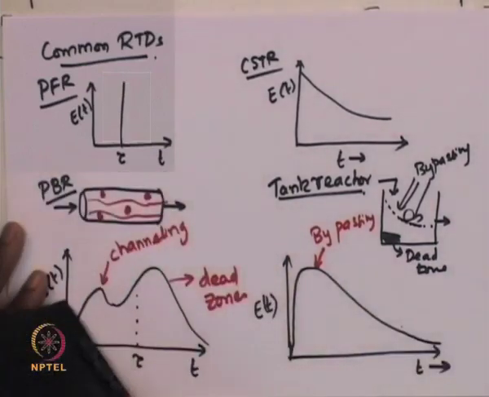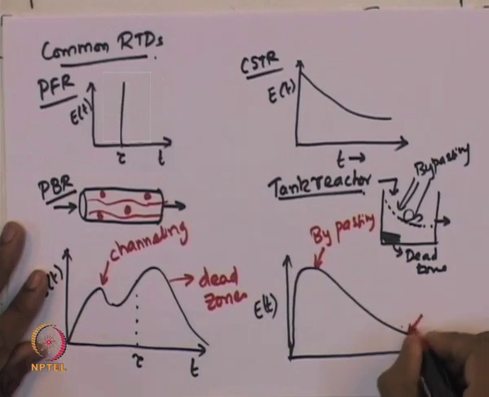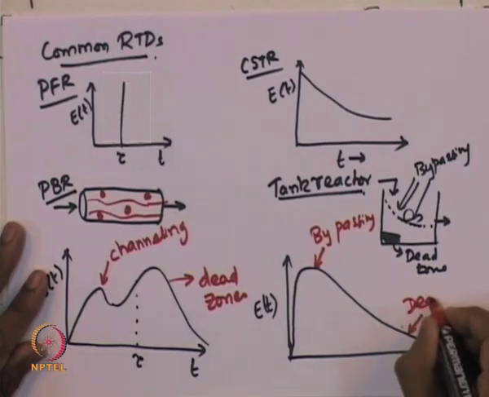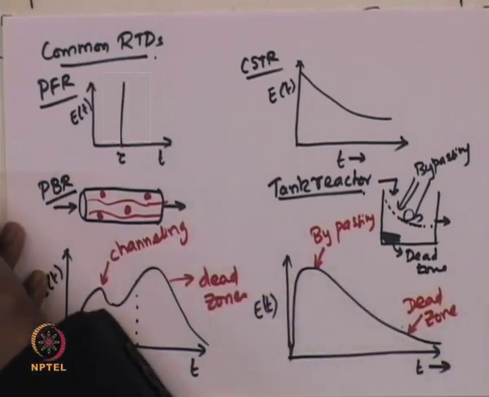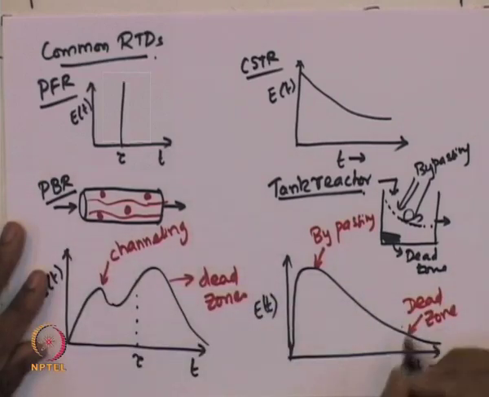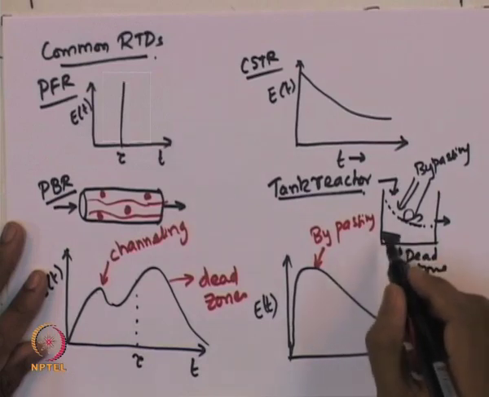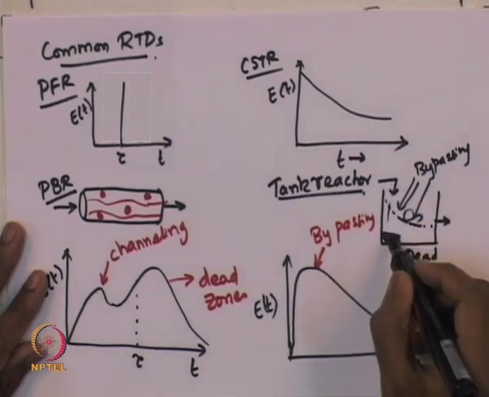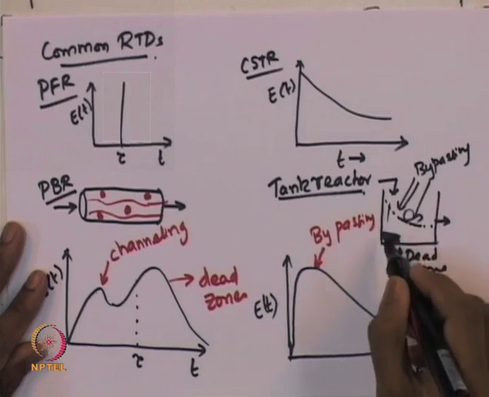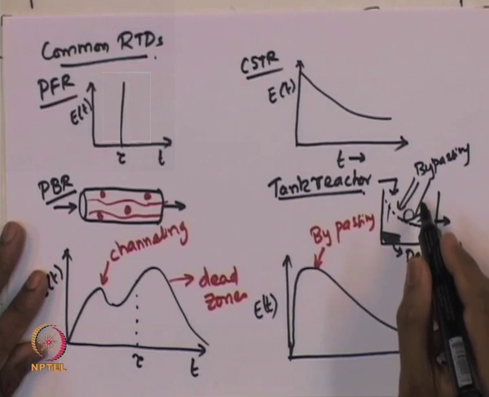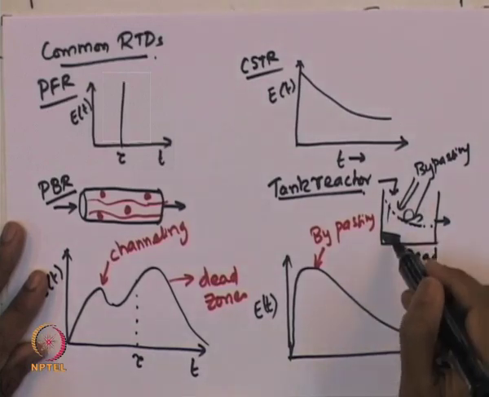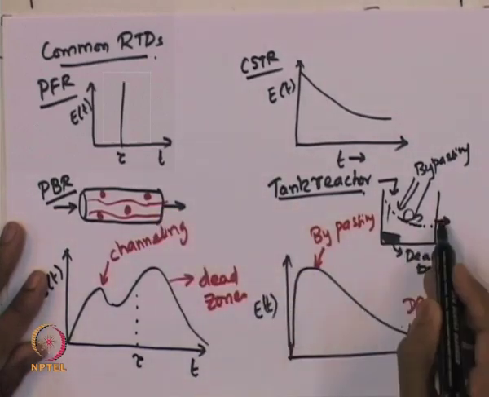So, the long tail indicates the presence of a dead zone inside the tank reactor, and this long tail is because this dead zone is not available for the fluid to actually go, and it is not exchanging material with the location inside the tank which is well mixed, and therefore whatever residual fluid is present here will take a very long time before it appears in the effluent stream of the reactor.